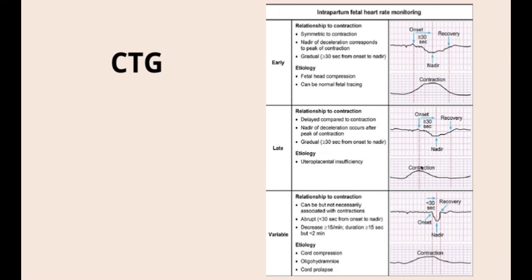Variable decelerations are at the bottom here, and these happen with or without contractions. They start and drop very quickly, and usually they're due to things like cord compression, low amniotic fluid, or sometimes cord prolapse. They usually last between 15 seconds and 2 minutes.